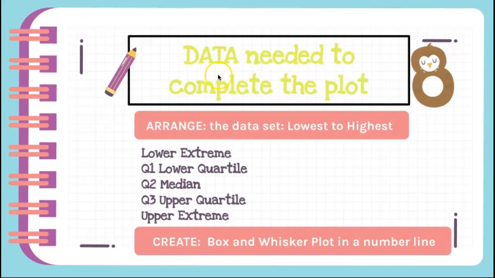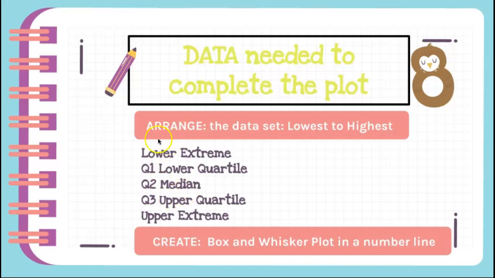So there are things that we need to know. There are data needed to complete the box and whiskers plot. So of course, we assume that the data was arranged from the lowest to the highest. Before you could know how to do the box and whiskers plot, you should already know the measures of variation. So the measures of variation are the lower extreme, Q1, Q2, and Q3, the IQR, the interquartile range, all right, the ranges.